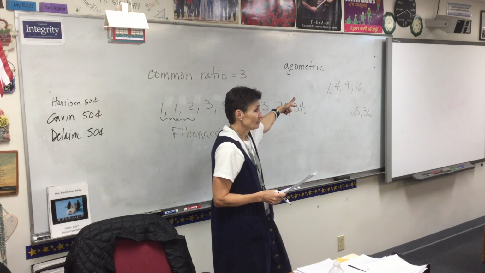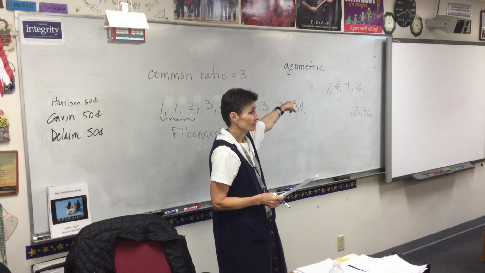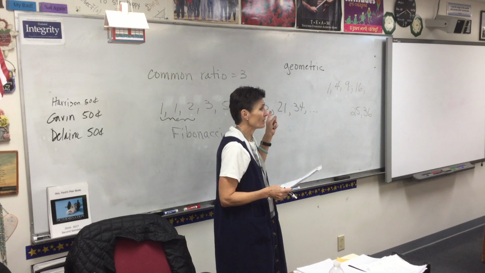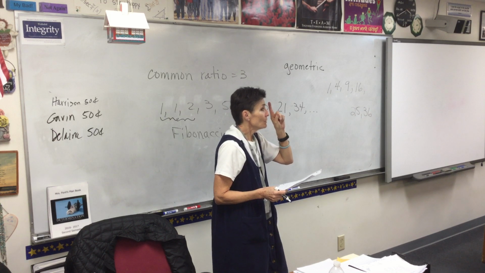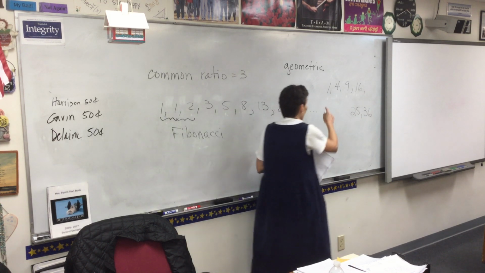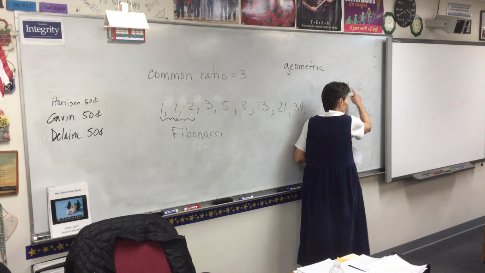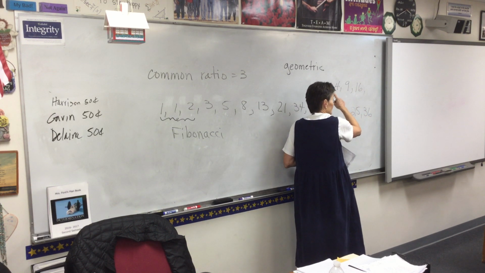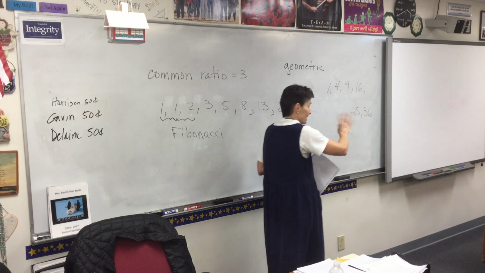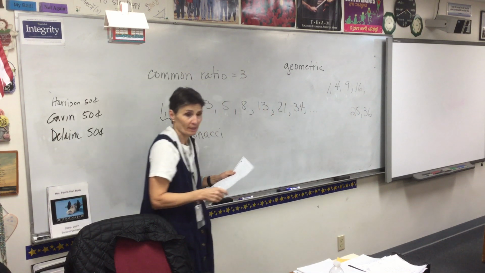Everybody see that? Okay, good. Is it geometric? No. Geometric means that I would multiply by the same number to get from term to term. So I multiply by 4, then I would have to multiply by another 4 and another 4. That's not what's happening. This is not geometric.